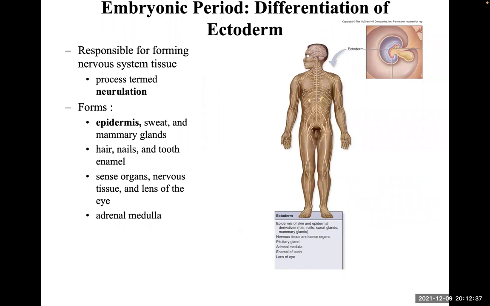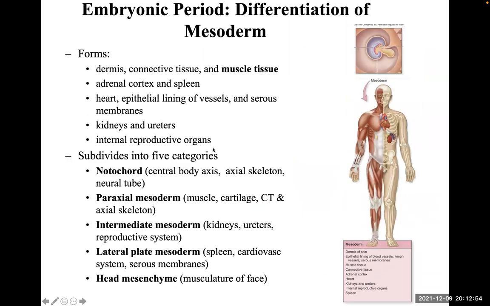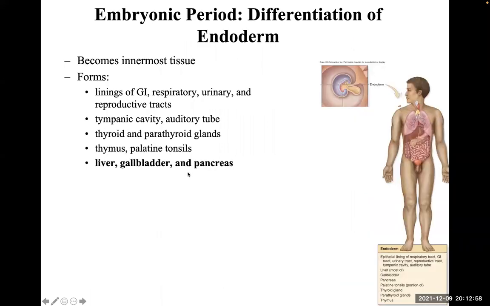So these slides just go over those primitive tissue types that we just discussed: the ectoderm, mesoderm, and endoderm. I bolded the tissues I want you to really hone in on when it comes to what these tissues will develop into. So nervous tissue and the epidermis, when it comes to the skin, that's for the ectoderm. Mesoderm, think muscle. Don't worry about these 5 categories. And for endoderm, think endocrine structures, so pancreas, thymus, thyroid.